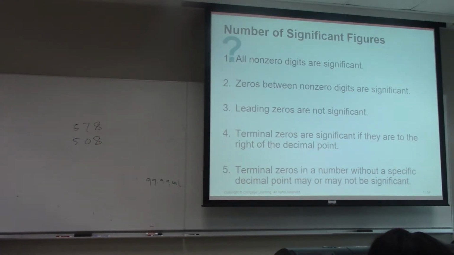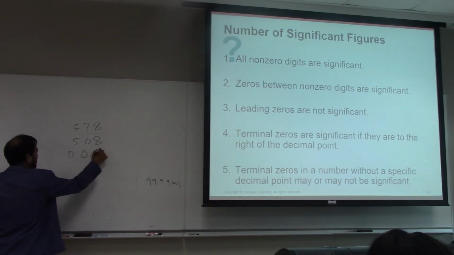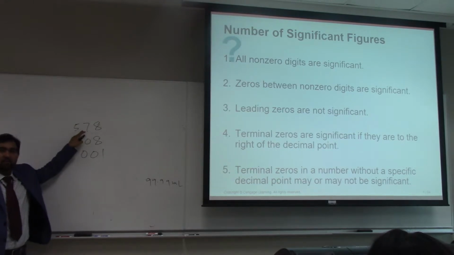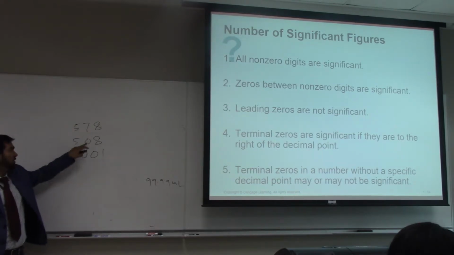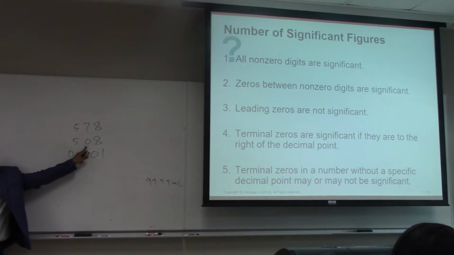The third rule is leading zeros are not significant. Leading zeros are not significant. 0.001 has 1 significant figure. How many sig figures does this have? 3 as well. Because it has a zero, but the zero is in the middle.